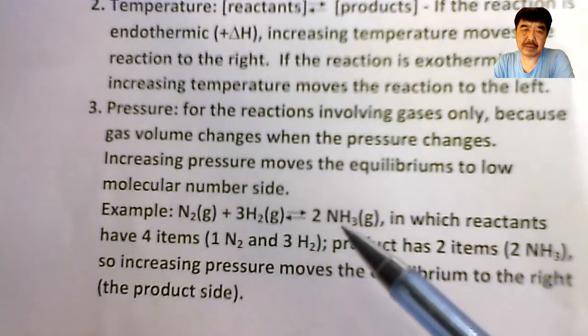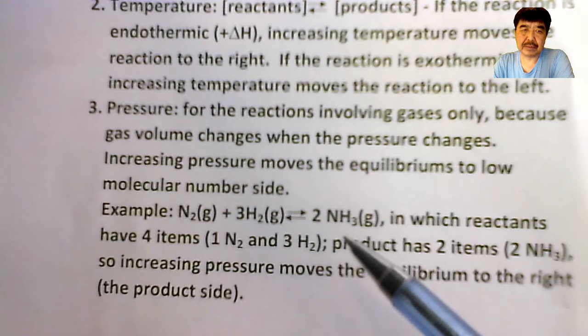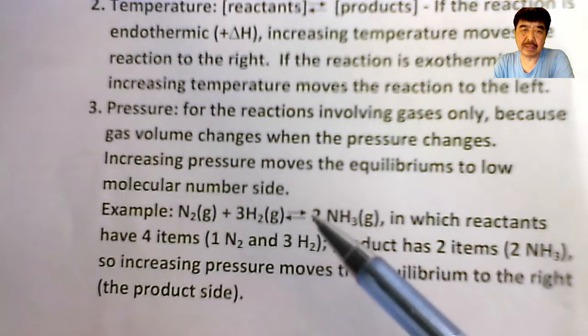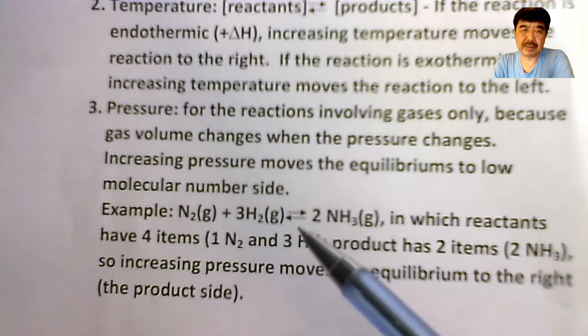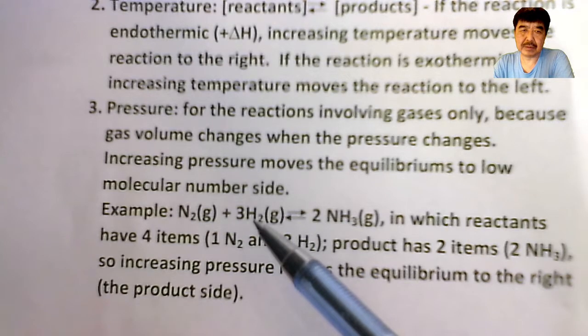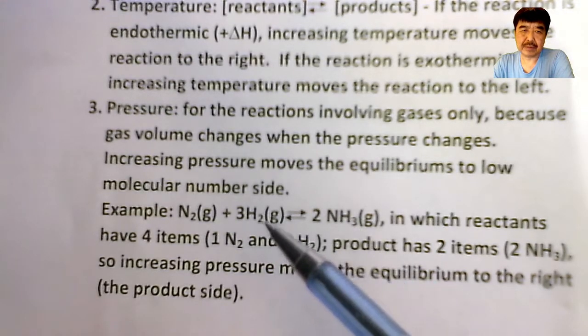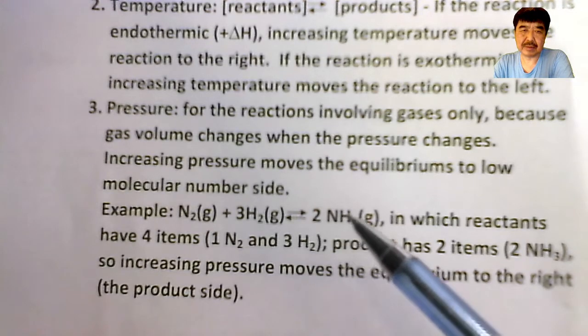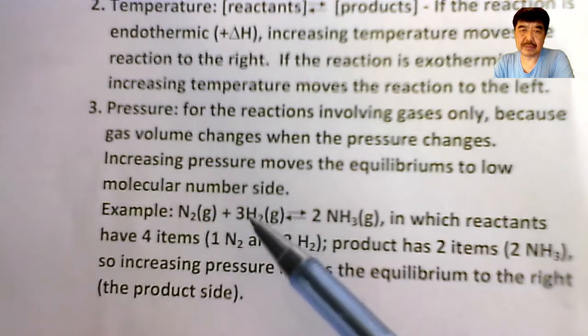On the ammonia side, there are 2 moles. Therefore, when you increase the pressure, the reaction goes toward the side with the lower mole number. So in this case, it goes from the left to the right, from the reactant to the product, because the product has a lower mole number than the reactants.